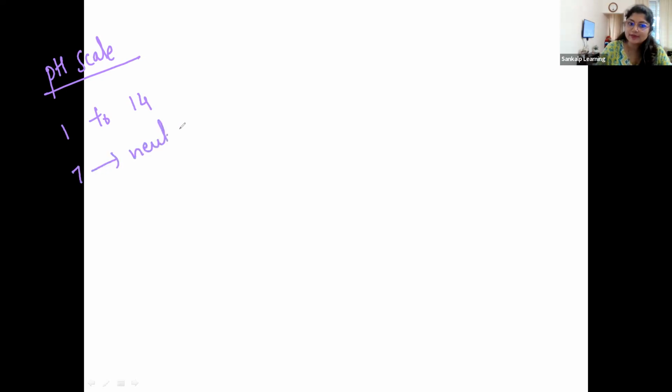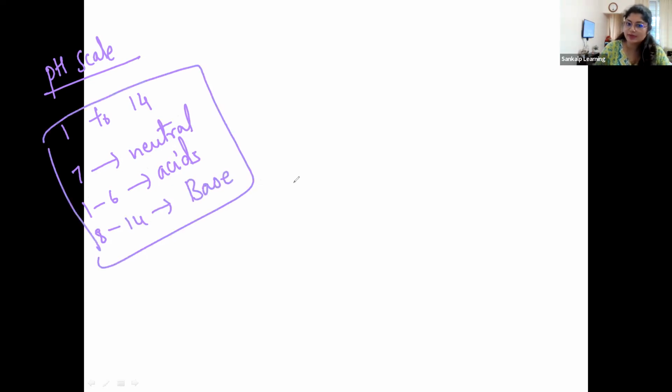To calculate the strength of an acid or a base, we measure it on a scale called the pH scale, graded from 1 to 14. 7 is for neutral, 1 to 6 is for acids, and 8 to 14 is for bases. This much you remember.